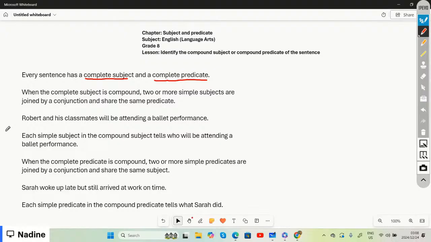All right. And remember, keeping in mind when it comes to a subject and a predicate, when a complete subject is compound, it shows two or more simple subjects joined by a conjunction, and they share the same predicate.